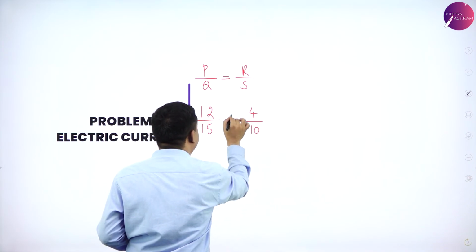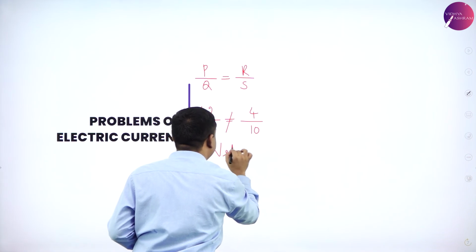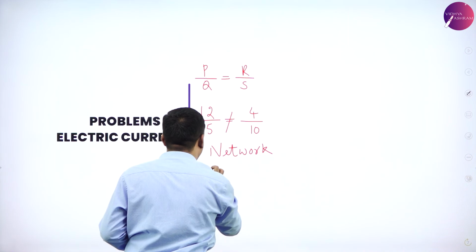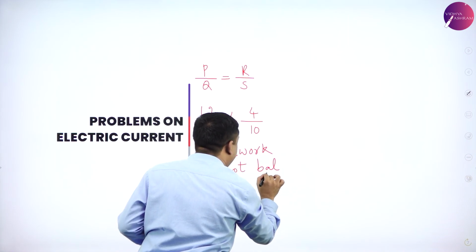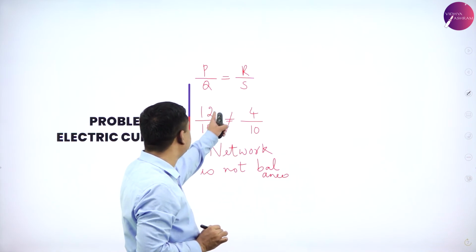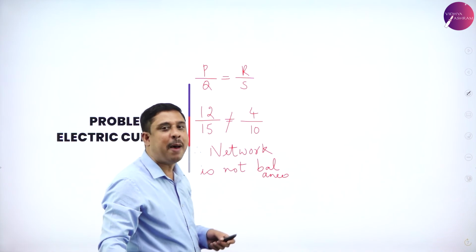So this is clearly not equal. Therefore, the network is not balanced because the balancing condition is not proved. So this becomes 3 by 5, this becomes 2 by 5, which is not balanced.